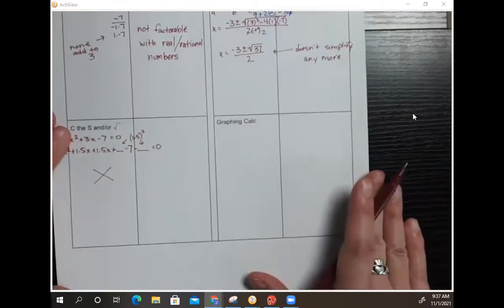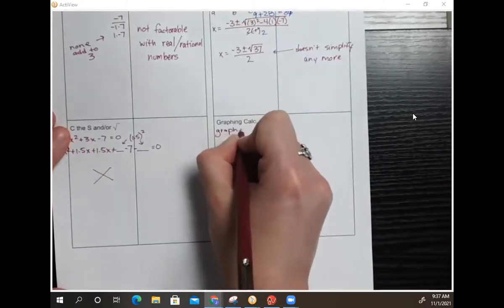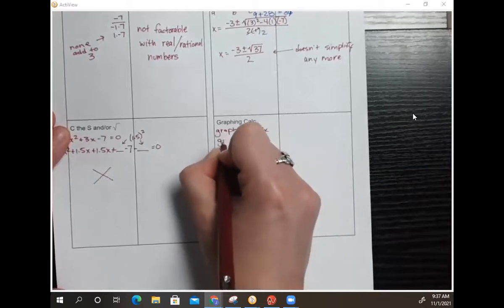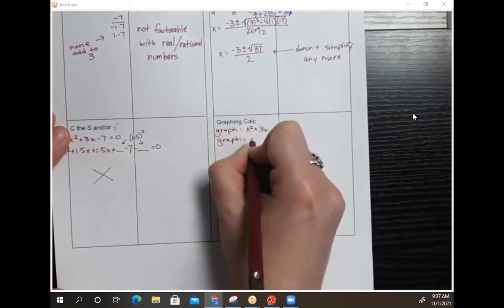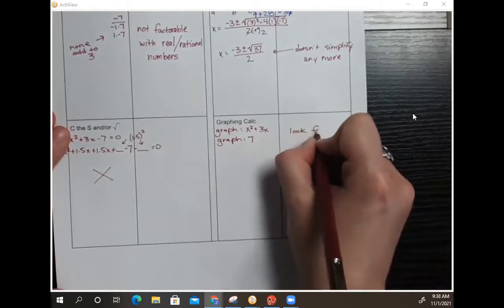So I'm going to graph each side, just like I did on that last problem. I'm going to graph x squared plus 3x, and then I'm going to graph 7, and look for intersections.